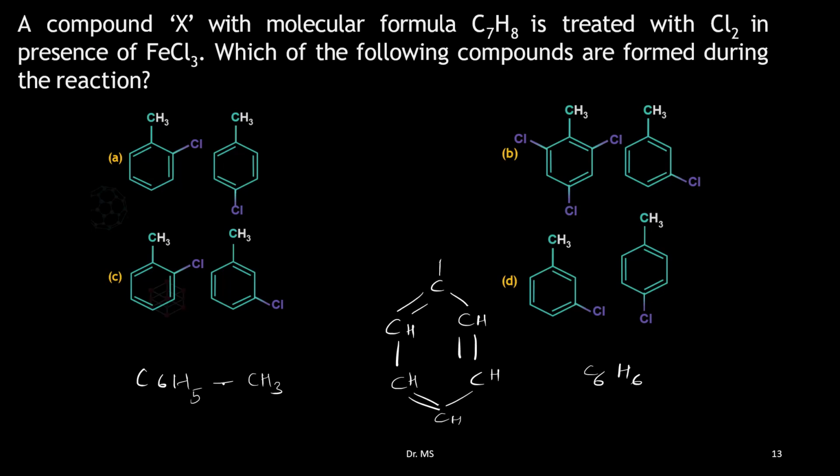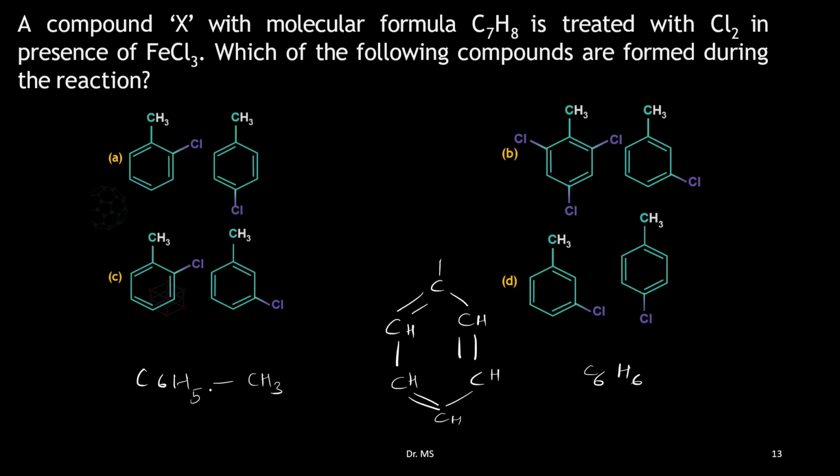So remember, whenever a substituent is attaching to the benzene ring, then you will not be having H6, you will be having H5. C6H5Cl is the benzene chloride. C6H5Br is the benzene bromide. And here C6H5CH3. Understood? Yes.